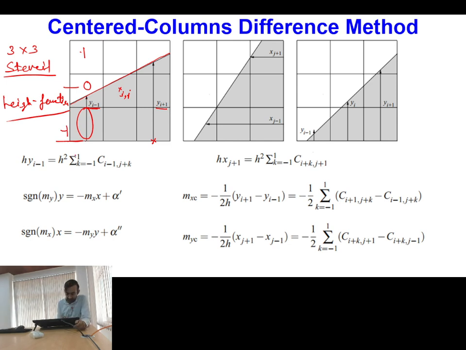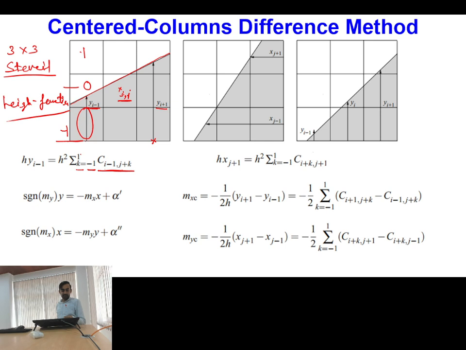So what I have done then is, I have used a summation symbol over k, which is varying from minus 1 to 1, and in this I have calculated the sum of c for i minus 1 and j plus k. So I am calculating with reference to position number i comma j. Is this point clear?